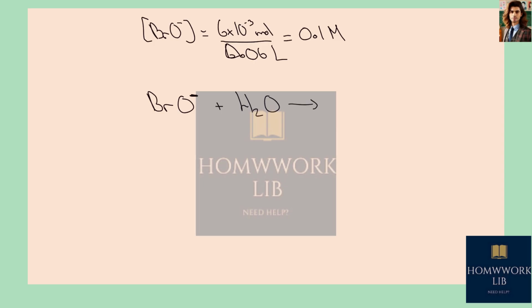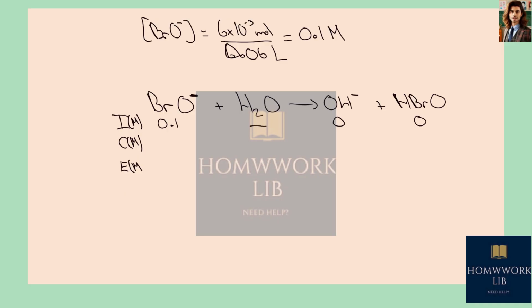This is going to generate OH minus plus HBrO. Correct? The initial amount, now this ice table is going to be in molarity. The initial amount is 0.1 molar. Water doesn't matter because it's a pure substance, and we start with 0 of each.